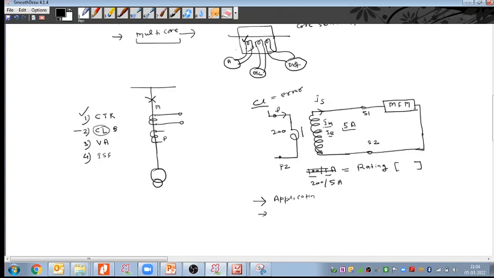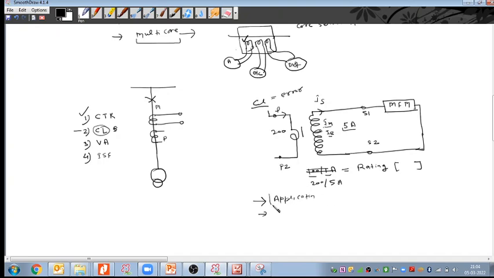And suppose we are using the CT not for revenue, not for tariff, not for energy billing purpose, just for information purpose. So we can go with a little bit higher error, right? So this accuracy class we need to select based on the applications for which we are putting the CT.